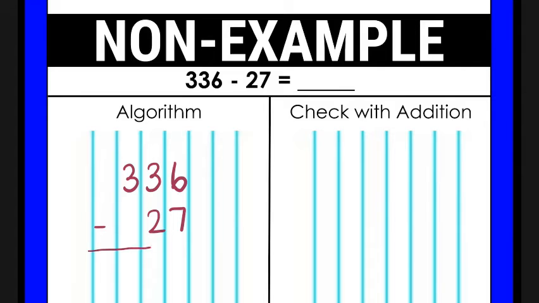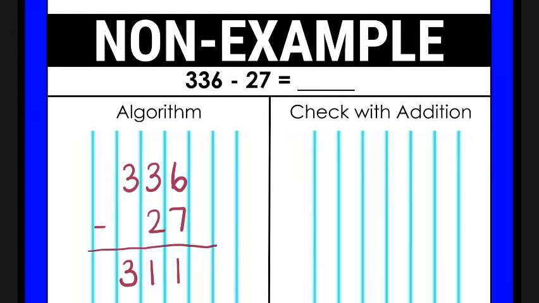So I'm going to start in my ones. 6 minus 7 equals 1. 3 minus 2 equals 1. And 3 minus 0 equals 3. Well, that was a pretty easy one.